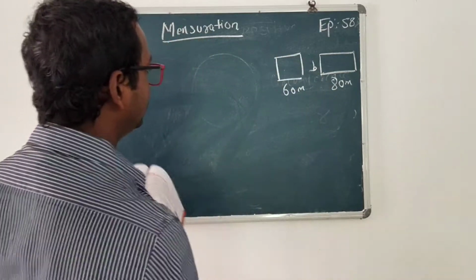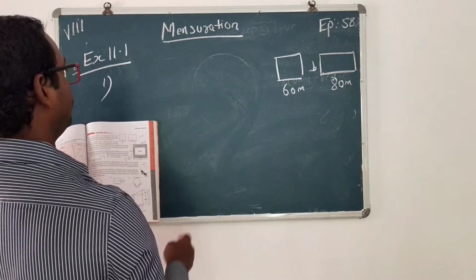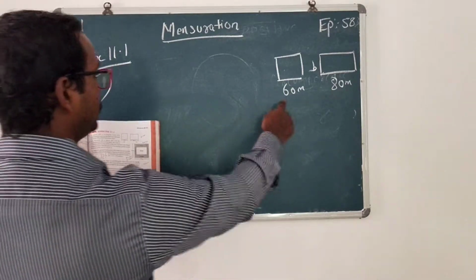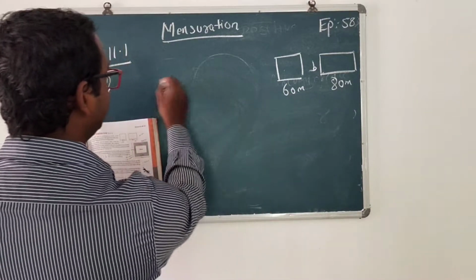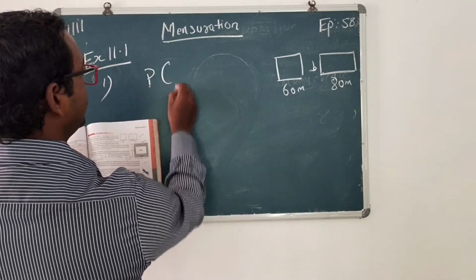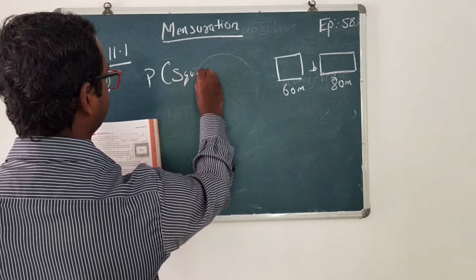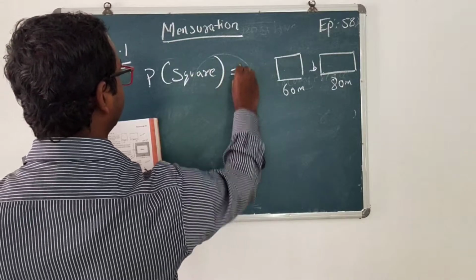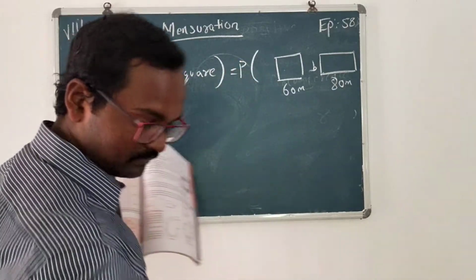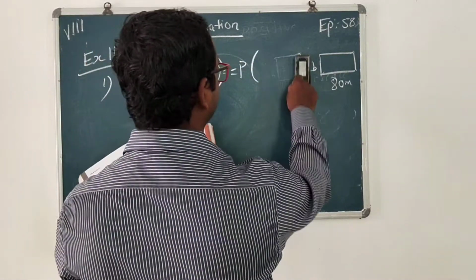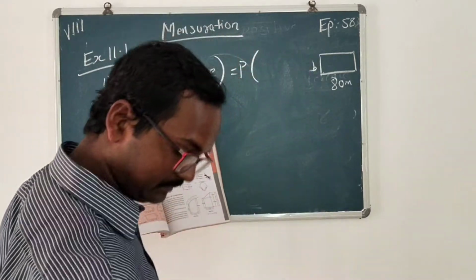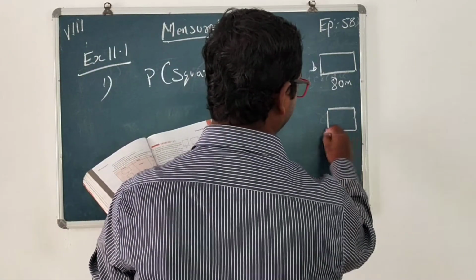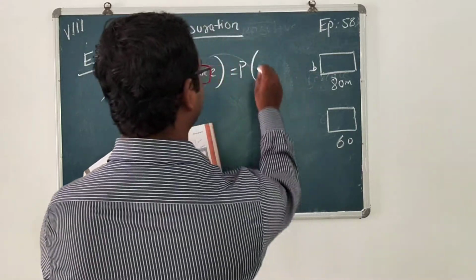To find the breadth, we will take that clue, which is both have the same perimeter. So perimeter of square is equal to perimeter of rectangle.